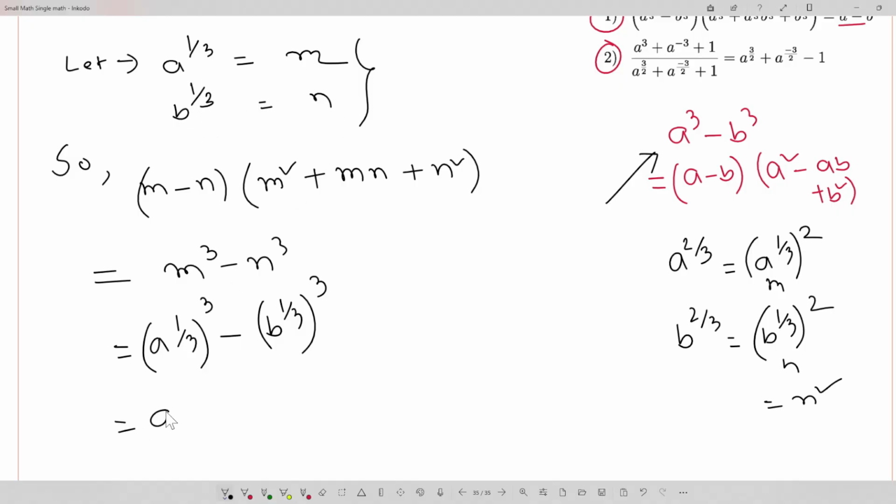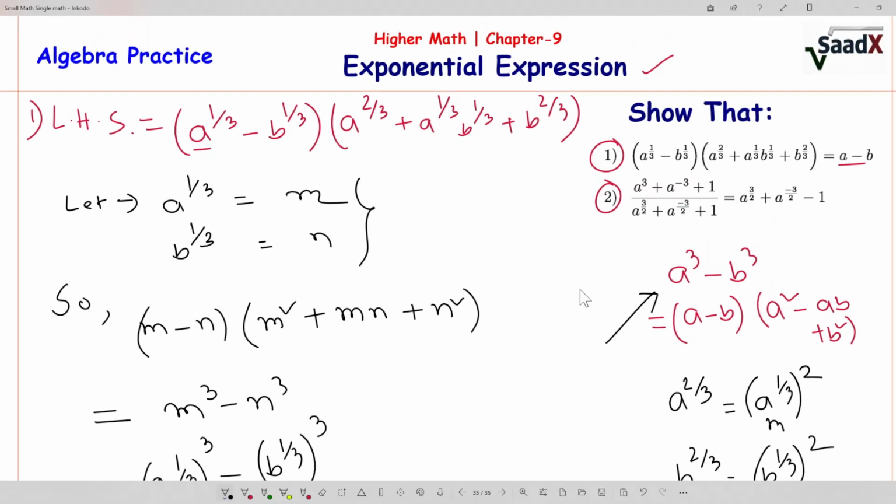Now it's a very simple thing: a to the power 1 by 3 times 3 minus b to the power 1 by 3 times 3. So 3 and 3 we can divide, so the answer will be a minus b. Very simple. I hope you understand this one, but you can prove this another way.